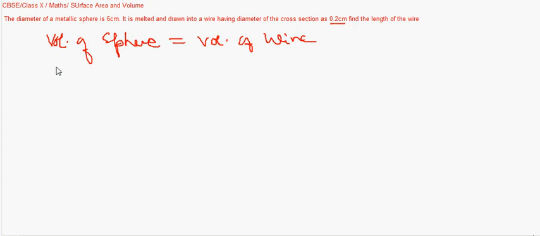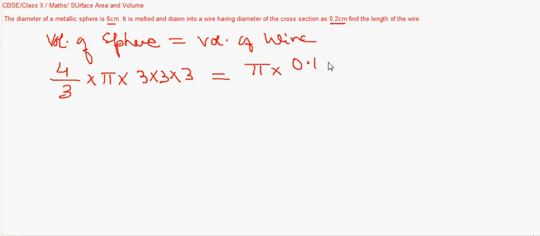Volume of a sphere is given by 4 by 3 pi r cube, where r is 3, so 3 into 3 into 3. And volume of the wire, which is a cylinder, is given by pi r square h. The diameter is 0.2, so the radius will be 0.1 into 0.1, and then there is h, which we are supposed to calculate.